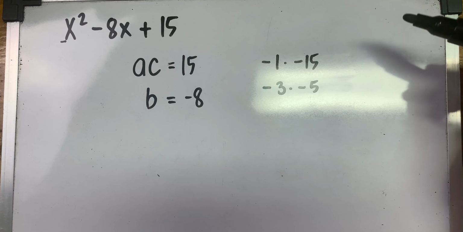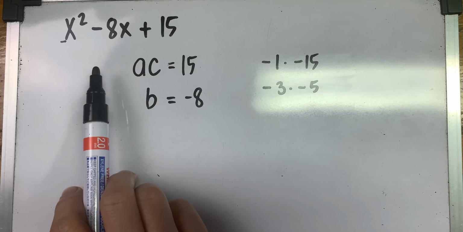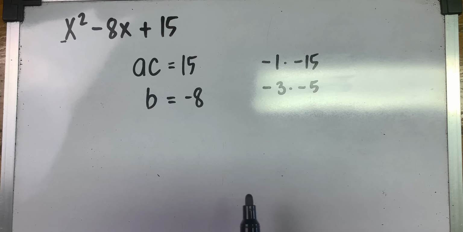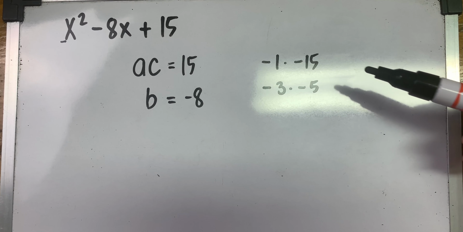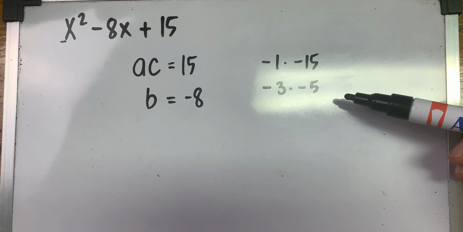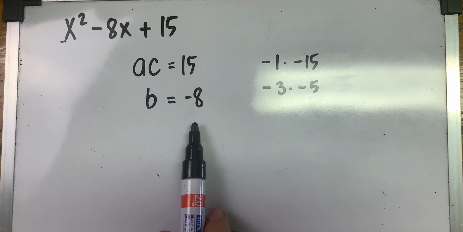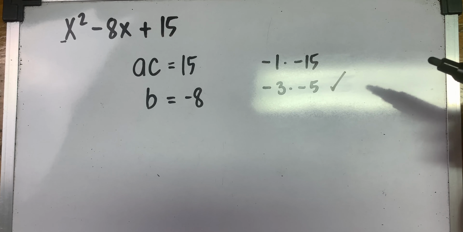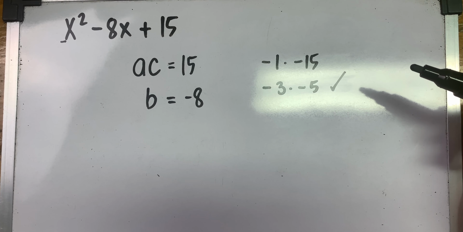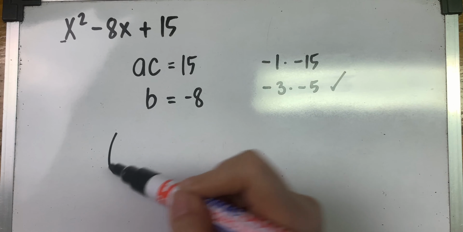Now, para makuha natin yung sa B, hanapin natin dito sa dalawang numbers na to kung ano yung sum that will lead us to a negative 8. At yun yung negative 3 at negative 5. So, getting the factors of x squared, x and x.